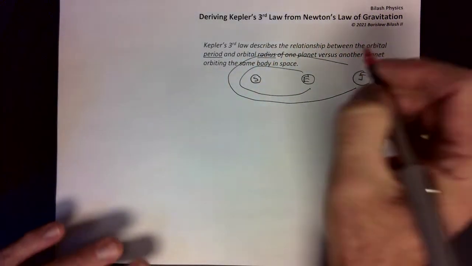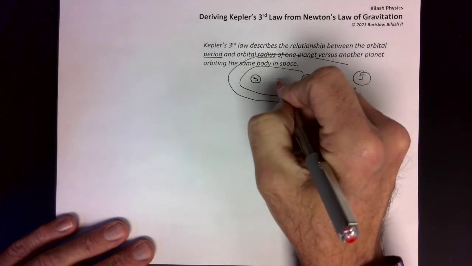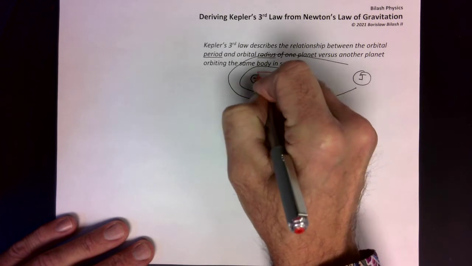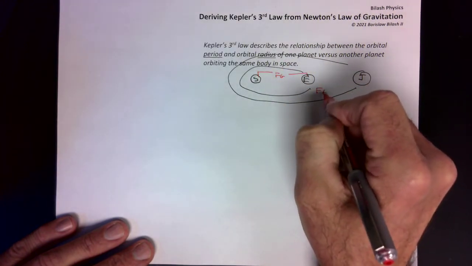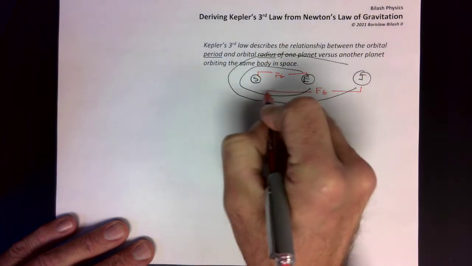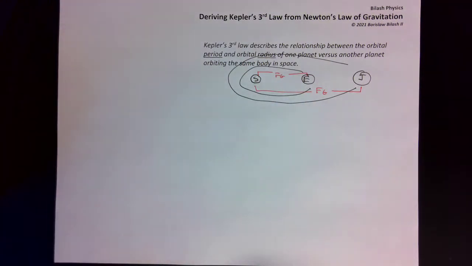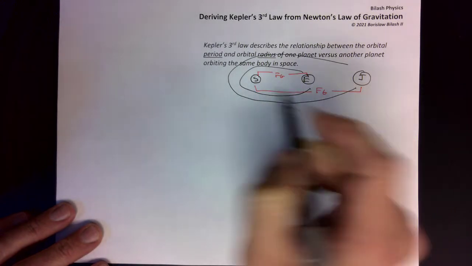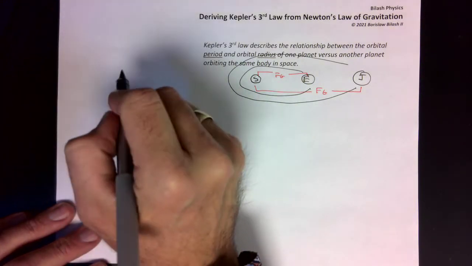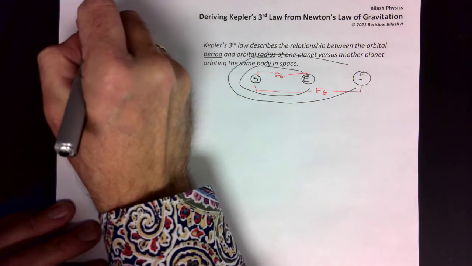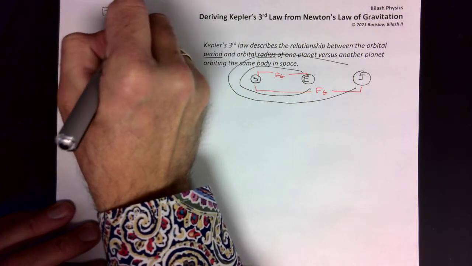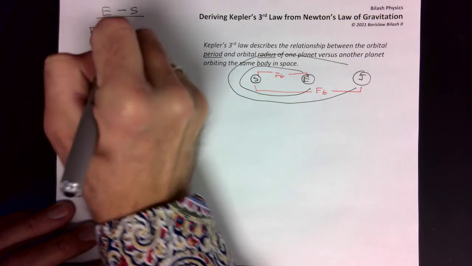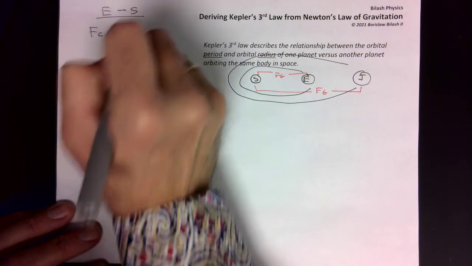We know that there's a force of gravity that exists between the Earth and the Sun, and there's also a force of gravity that exists between Jupiter and the Sun. To make an object move in a circle, to orbit, requires a centripetal force. So for the Earth versus the Sun, the centripetal force is provided by the gravitational force.